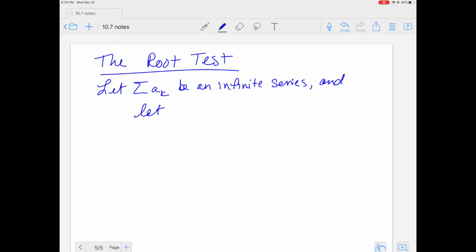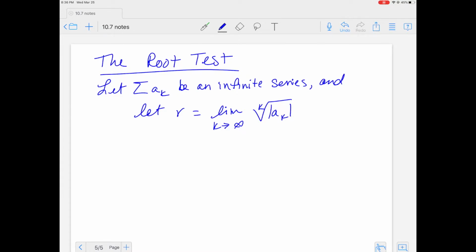We're not doing that. I'm going to go back to R again, because it's just a variable that otherwise has no significance. So we're going to let R equal the limit as k approaches infinity. They have it like this, the kth root.